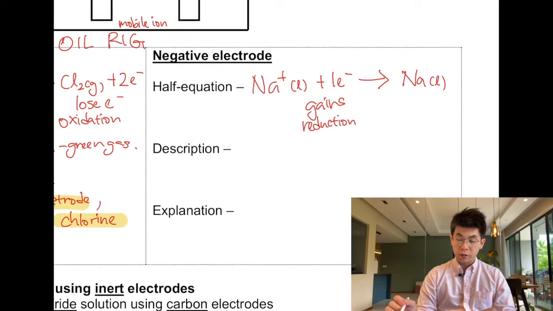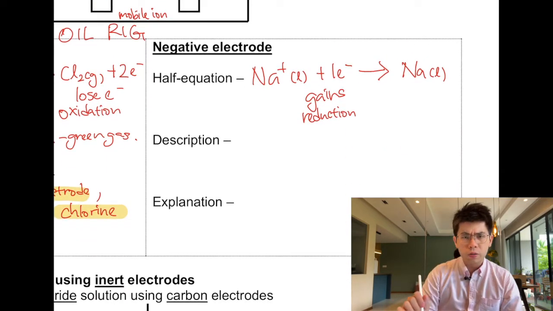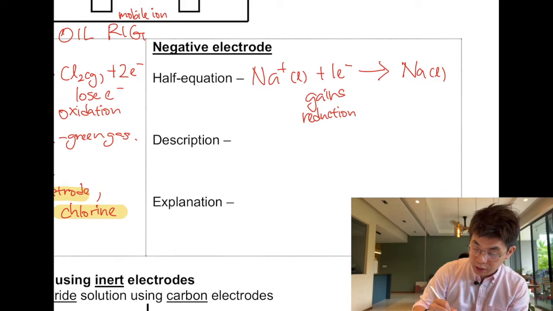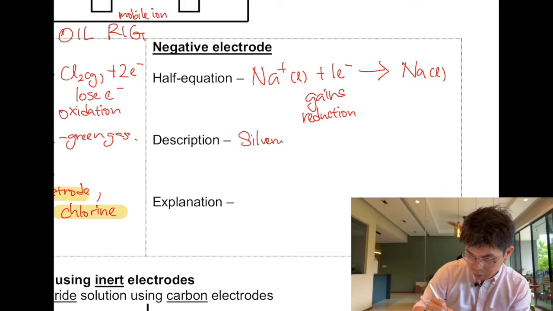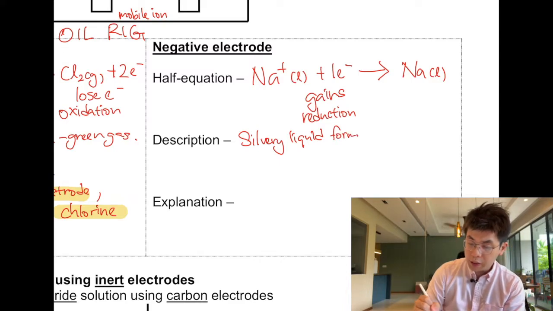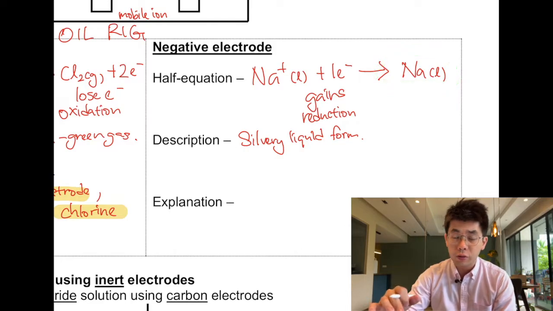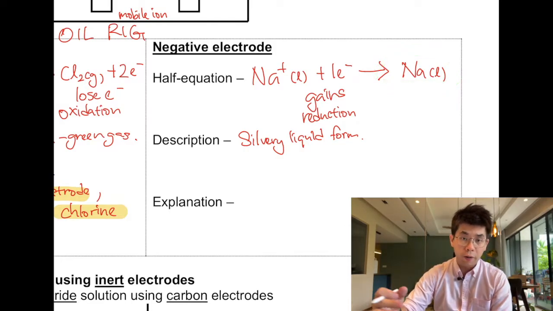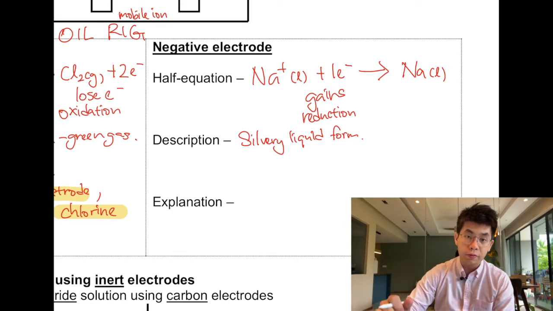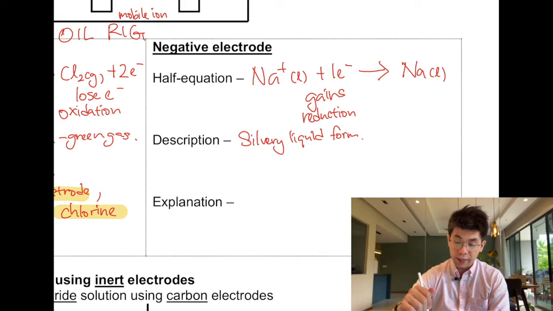So I describe what sodium metal looks like: a silvery liquid. But you should know that sodium is actually very, very reactive, so this is very seldom seen because it's very, very hot. We need to make sure that there's no oxygen at all, or the sodium will immediately react. This is very, very unlikely.